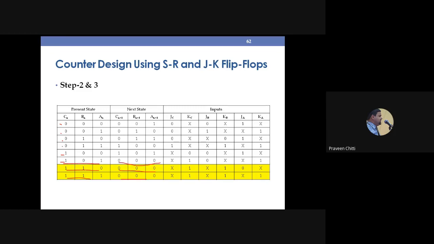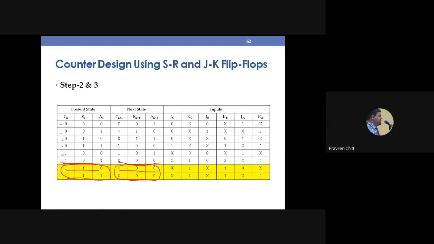But when 110 and 111 occur, these 2 are the unused states. When these 2 unused states occur, the counter should also go to the next state 0. So far, if any unused state occurred, we used to write XXX, that is don't care. But now in self-correcting counters, we are not writing it as don't care, we are writing it as the reset state, that is 0 state.